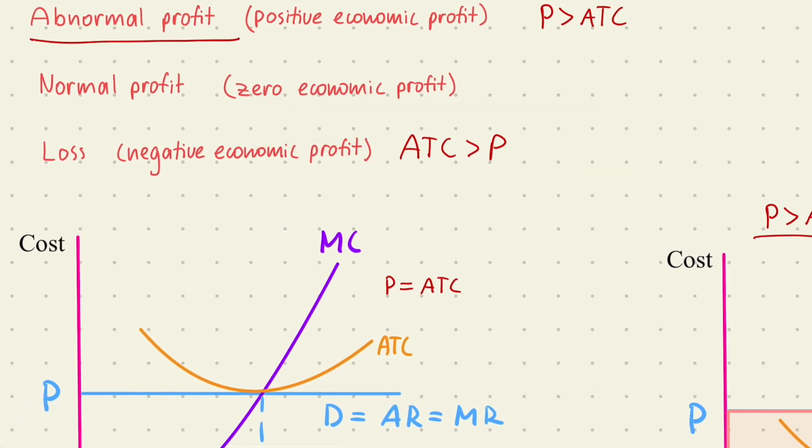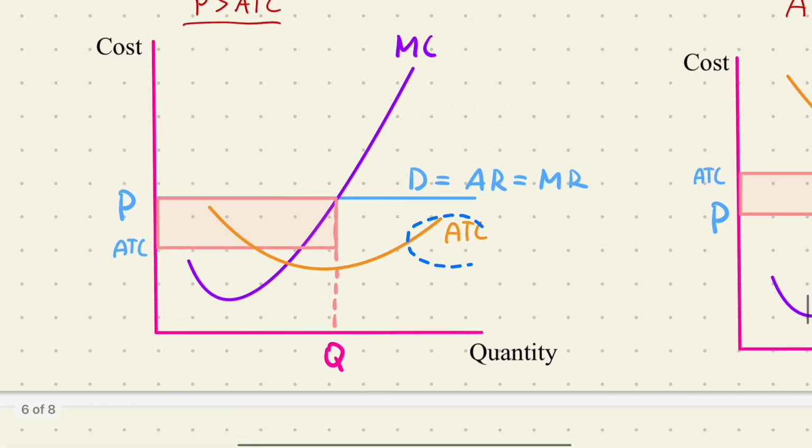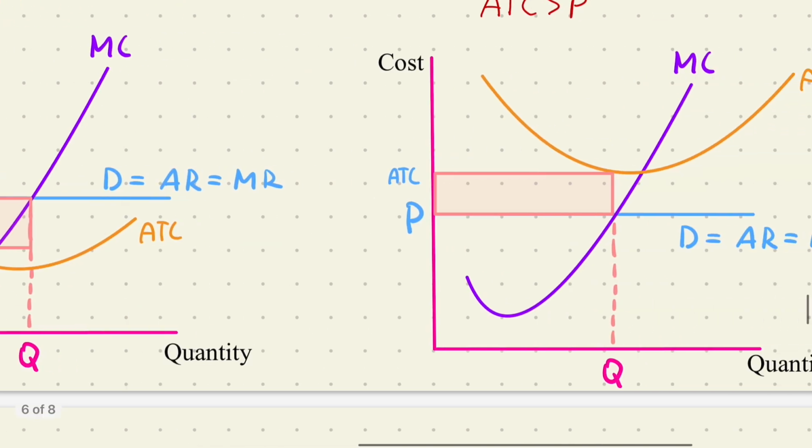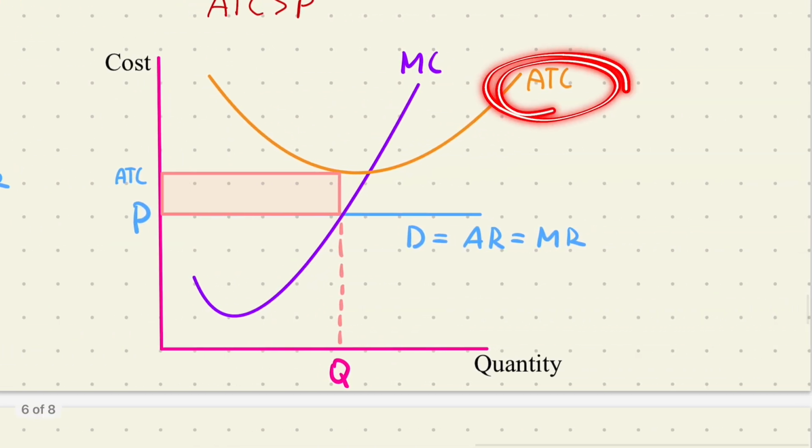It's very important that you understand that when this line is below the market price, we're making an abnormal profit. When this line is above the market price, we're making an abnormal loss, a negative economic profit.